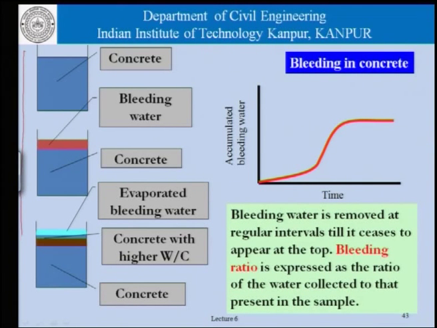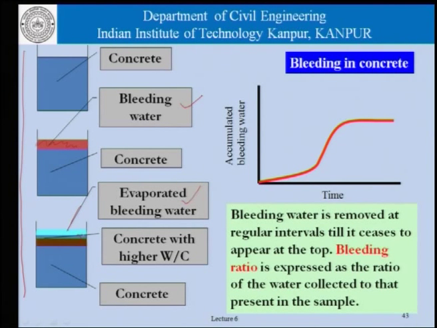This series of pictures here shows what goes on in the bleeding process. As water accumulates at the top during bleeding, part of it evaporates as is shown here, and part of it is reabsorbed in the concrete.